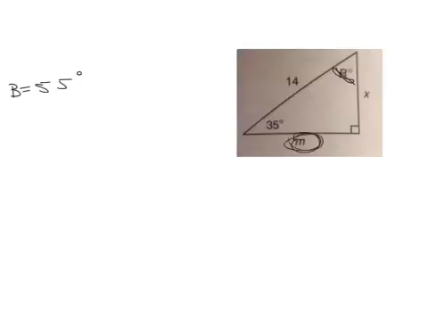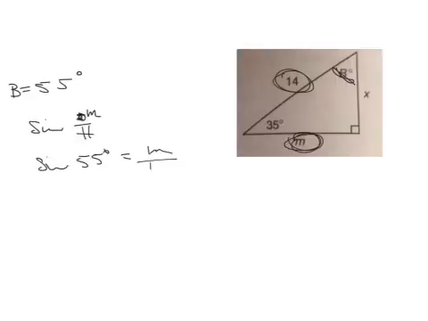So I have an opposite that I'm looking for, and I'm given a hypotenuse. So I'm looking for sine, because that's opposite over hypotenuse. So if I'm looking for M, it'd be M over hypotenuse. So the sine of 55 degrees equals M over 14. Okay, so then, again, because this is on the bottom, I multiply it by my sine of 55, and that's equal to M.